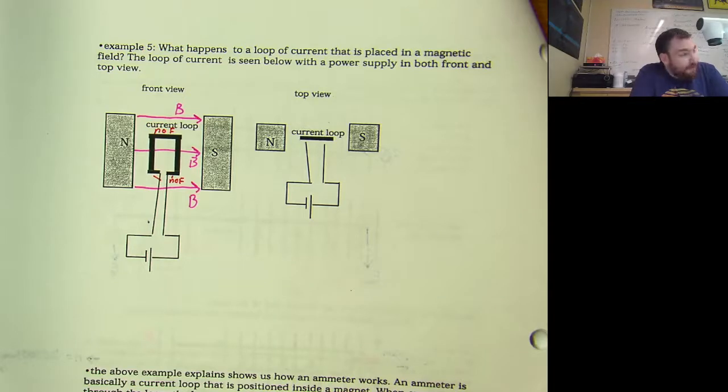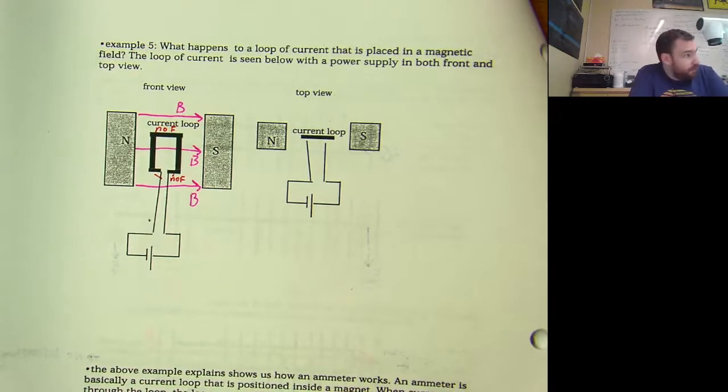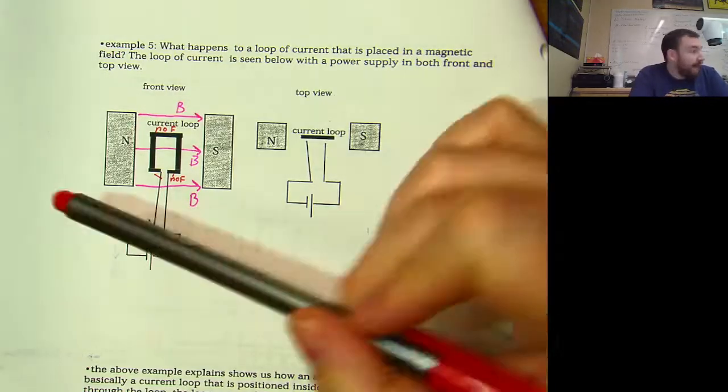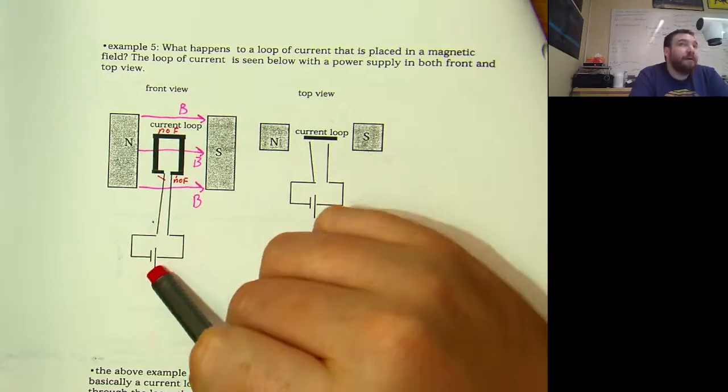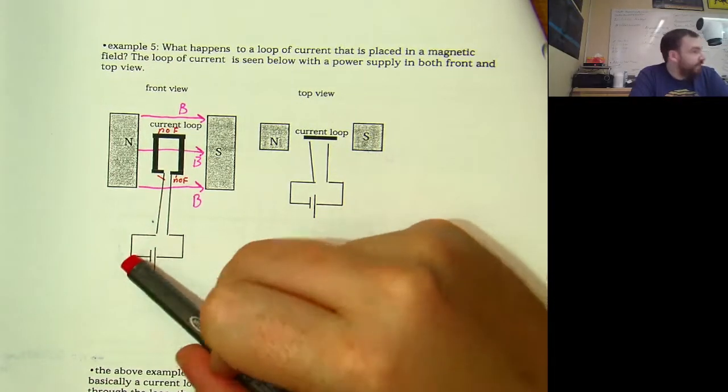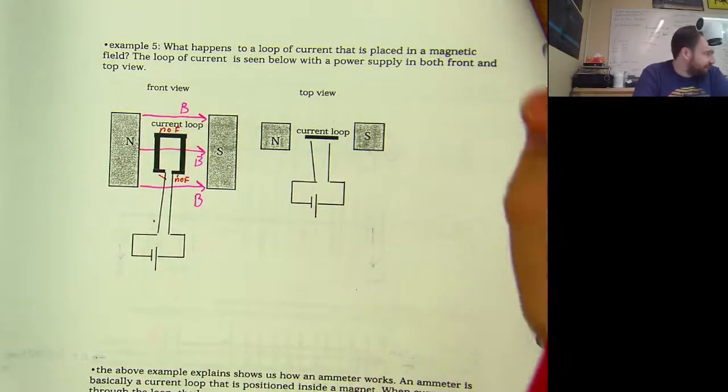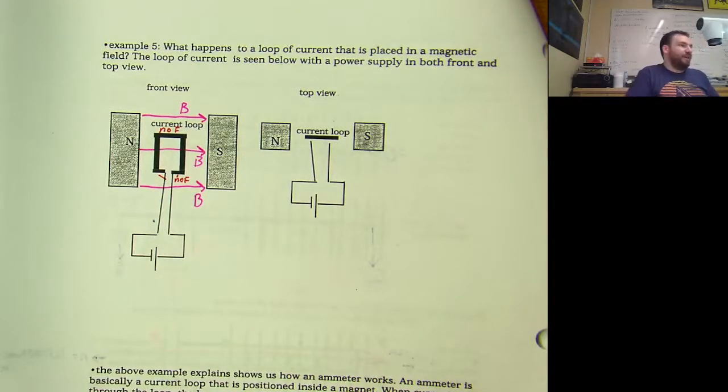Okay, so let's take it back a step. Before we can identify which way the forces are, what do we need to know? The direction of the current in the wire? Current was a long time ago for some of you, so let's review it. Current is going which way here? It goes counterclockwise through this loop. It goes from the positive to the negative. That's not the direction the electrons are going, but that is the direction that we call conventional current.